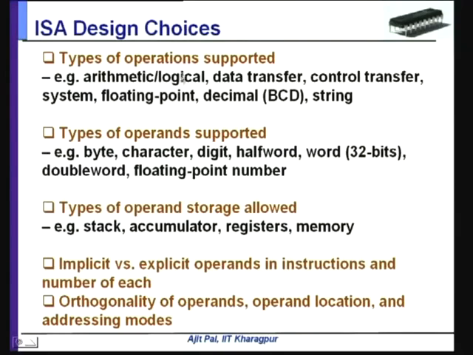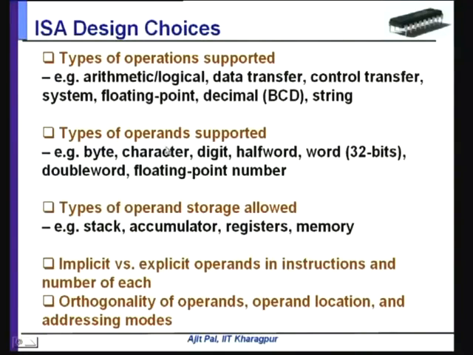So, these are the various types of operations which can be supported. It is not necessary that a processor should support everything. Depending on the application, one can decide that this is the subset of the operations the instruction set architecture will provide, and accordingly the processor has to be implemented. So, it depends on the application for which a processor is designed.